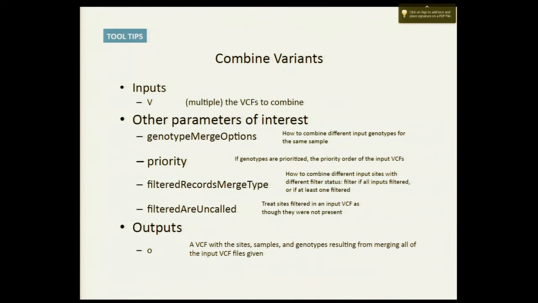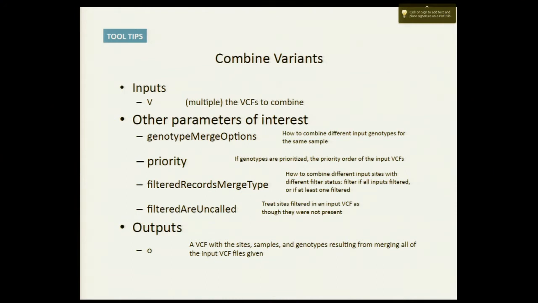Now, in addition to wanting to contract this big matrix that is your VCF, you might want to expand it. You might have done 2 different sequencing projects, or you might want to include information from the 1,000 Genomes Project, and you want to expand the number of samples or expand the number of sites. And this you can do with combined variants. And in its simplest form, it's quite easy.